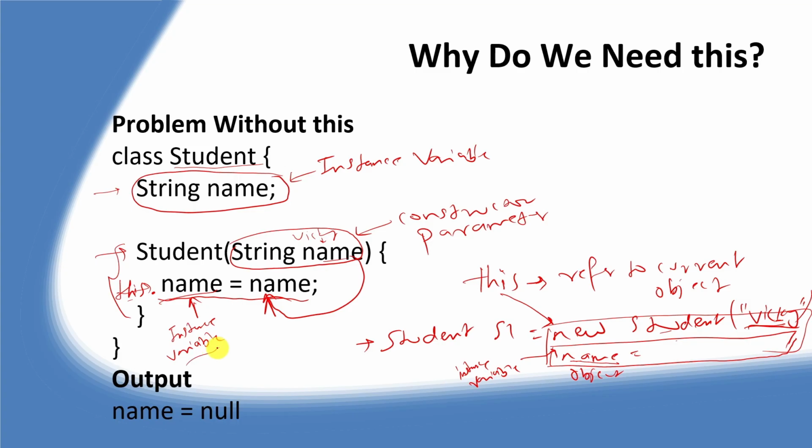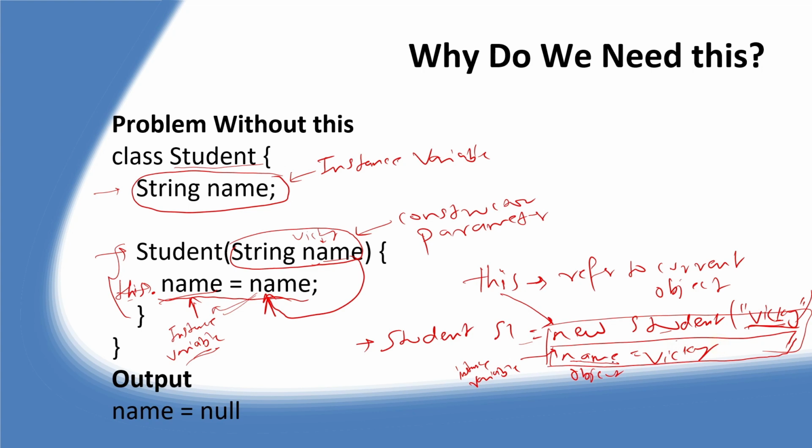So this is the instance variable, and what we are assigning to the instance variable is the value which we have passed, which has come to the constructor parameter. Okay, so here name will become wiki.